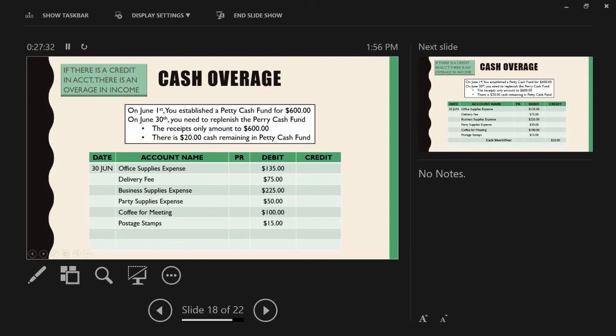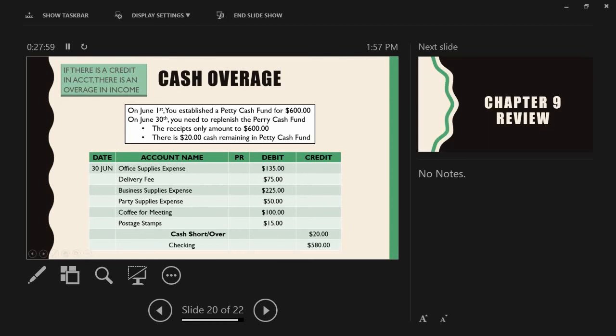So here we have a total of $620 over. Okay, and my petty cash should only be 600. So what's going to happen is you're going to have all of these be expenses, and you're going to recognize that you have an overage of $20. Because you have an overage of $20, you're going to write a check for less amount.